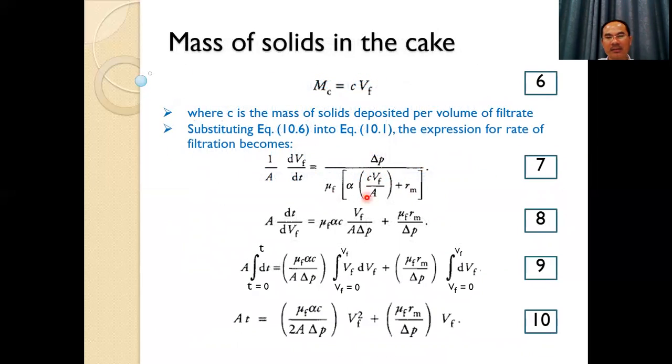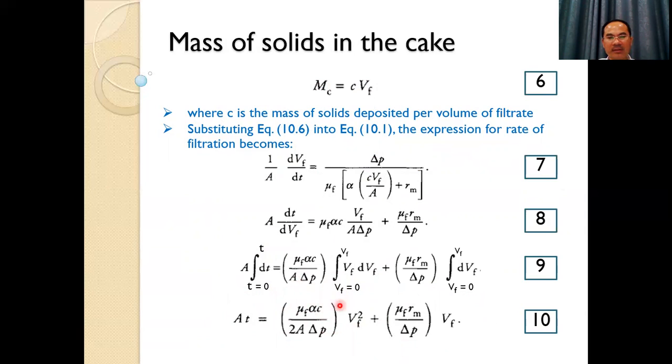you get this equation, and then you rearrange and integrate from the start of the filtration until the final filtration, from t0 to t final, from V0 to Vf, like this. And then you get the time and the area of the filtration as a function of the flow of the filtrate, and also a function of alpha and Rm.